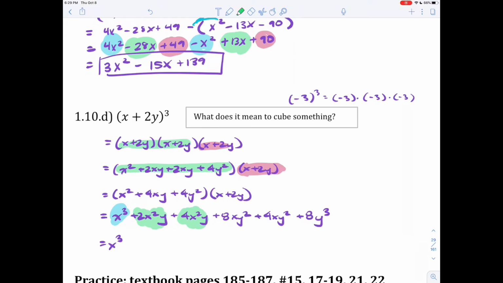So just those two together, 2x squared y and 4x squared y, are a sum total of 6x squared y. And we've also got 8xy squared and 4xy squared. And finally, this 8y cubed is just on its own. There are no more like terms that can be collected. There's nothing that has the same combination of variables and exponents. So that one is done.